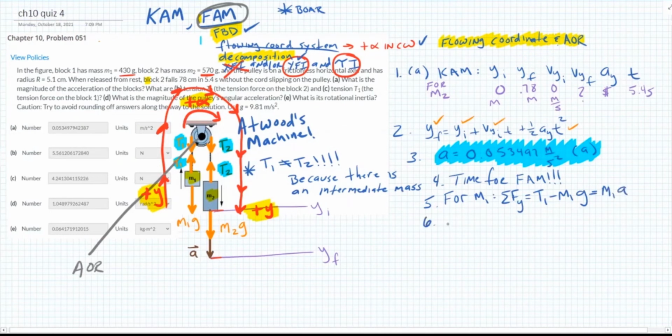The acceleration for M1 is going to be equal to the acceleration for M2. Mass one is going to accelerate at the exact same rate as mass two. Let's just call it A. And then I can say something else too: A is going to equal R, the radius of that pulley, times alpha.